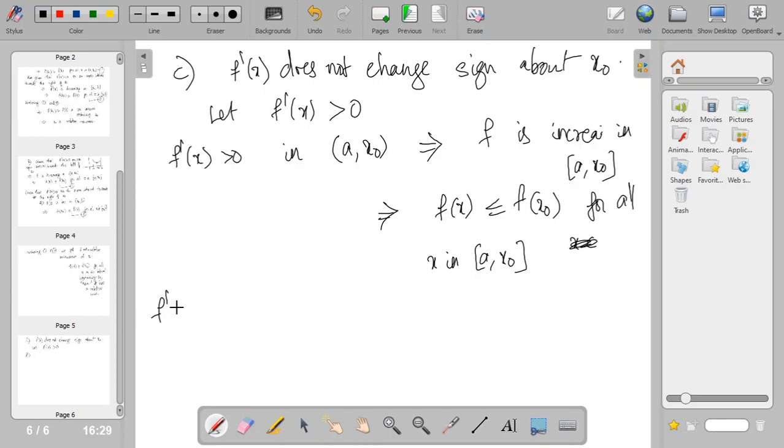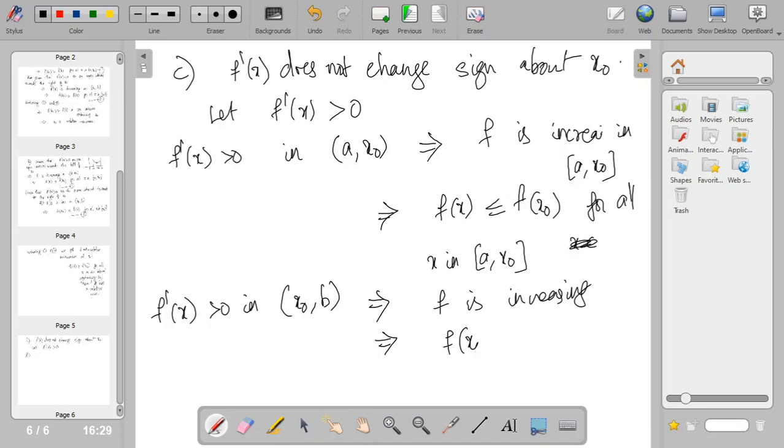Now similarly, when we take f dash of x greater than 0 in x naught to b, f is increasing again, so you will get f of x naught less than or equal to f of x for all x in x naught to b.